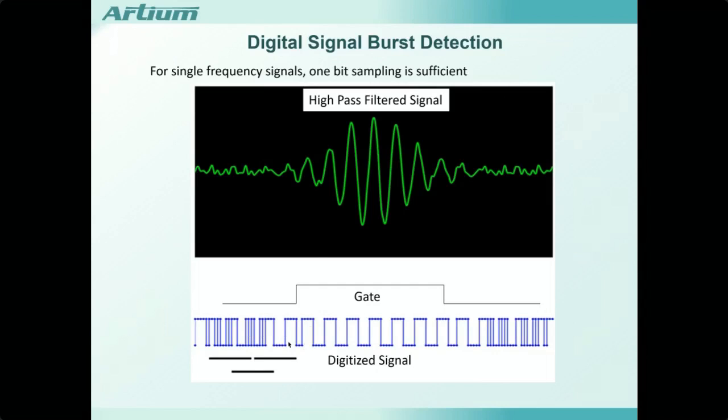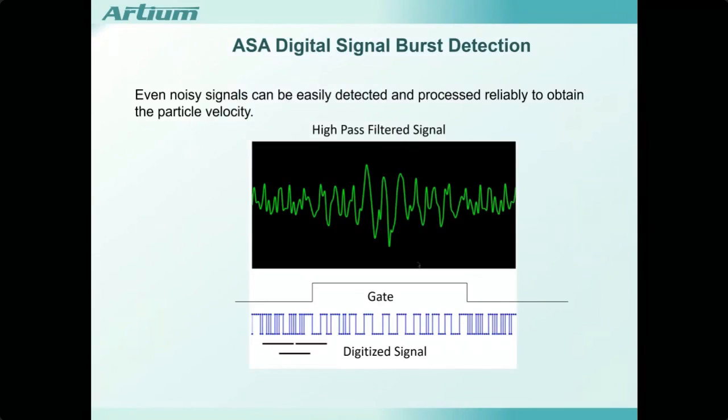But when the signal appears, now we get a reasonable square wave, and the detection means recognizes that as a bona fide signal, sets a gate, and transfers that information to the higher level signal processing means using the discrete Fourier transform. So it's a very effective means for detecting signals even in noise.